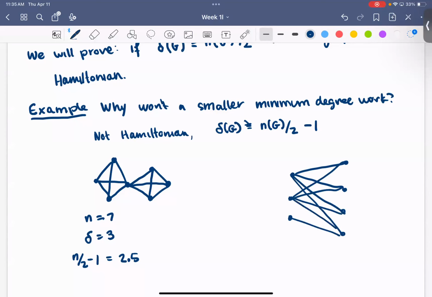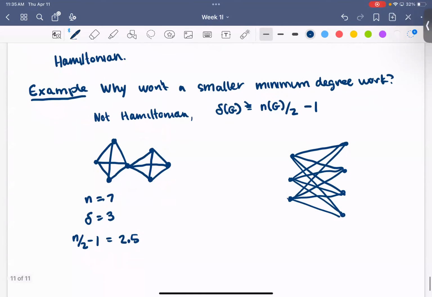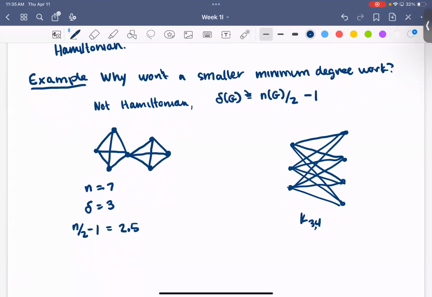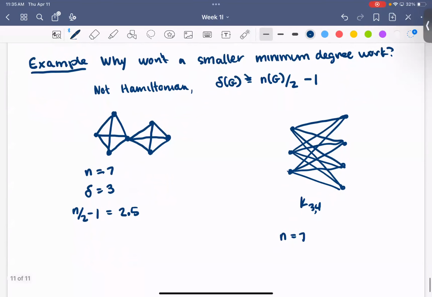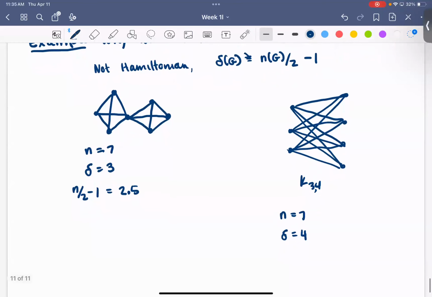Okay, so this is K3,4. The number of vertices again is 7. The minimum degree is 4, and then n over 2 minus 1.